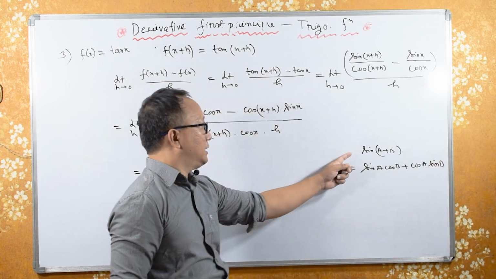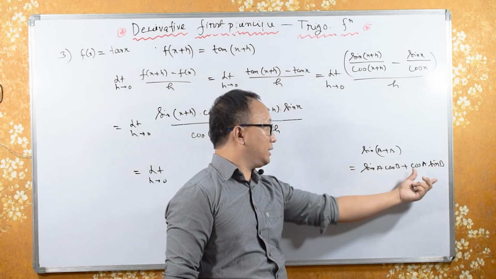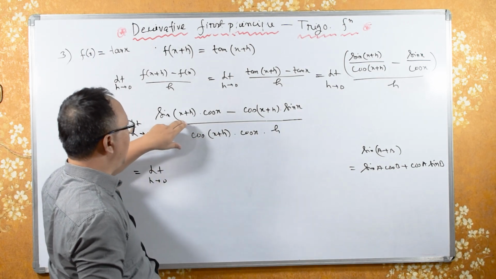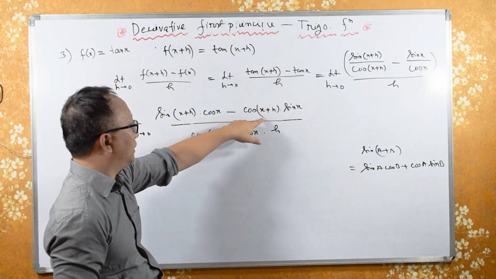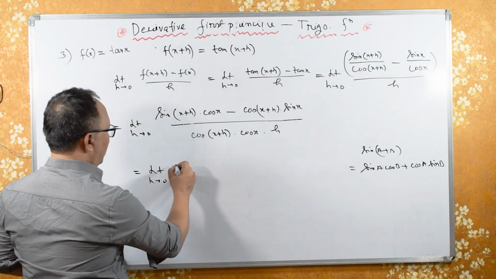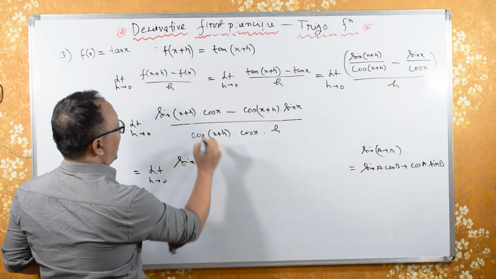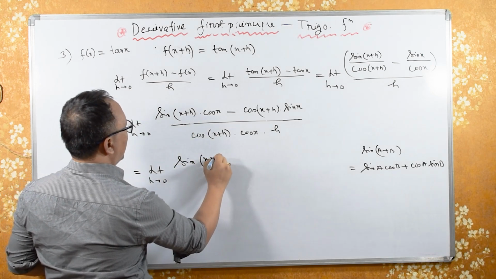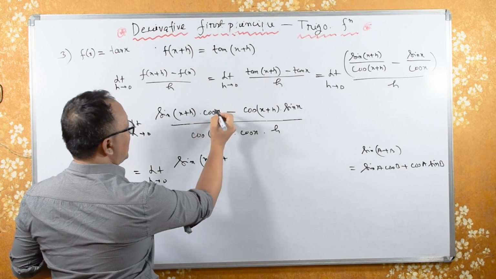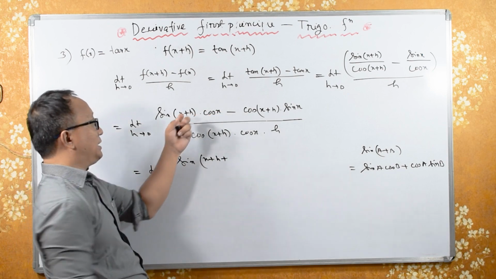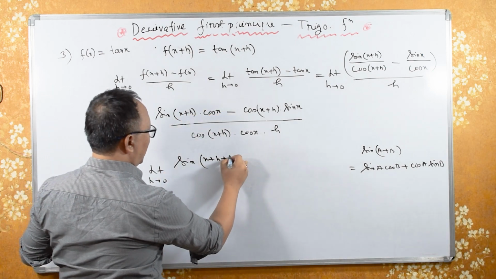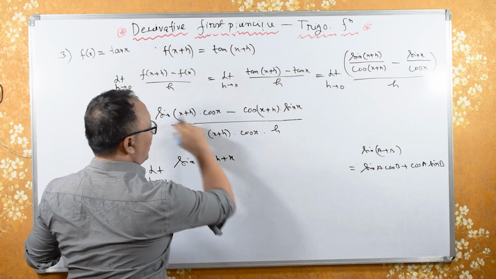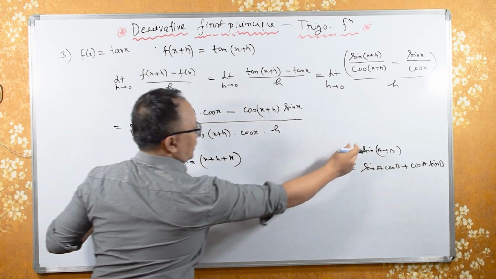This formula. The numerator is of the form sin a cos b minus cos a sin b, so by this formula it becomes sine of a minus b, where x plus h is a and x is b.